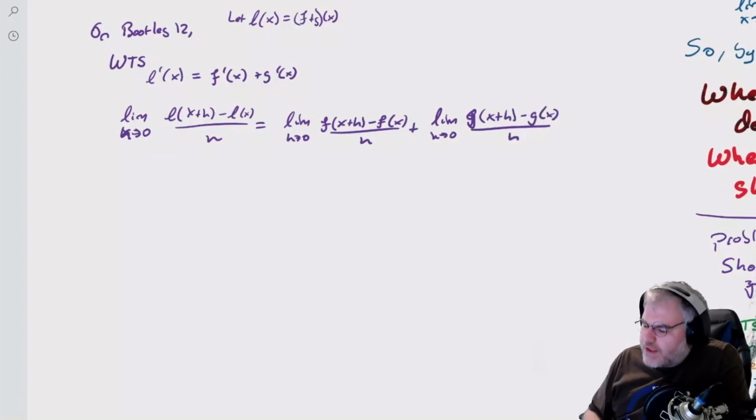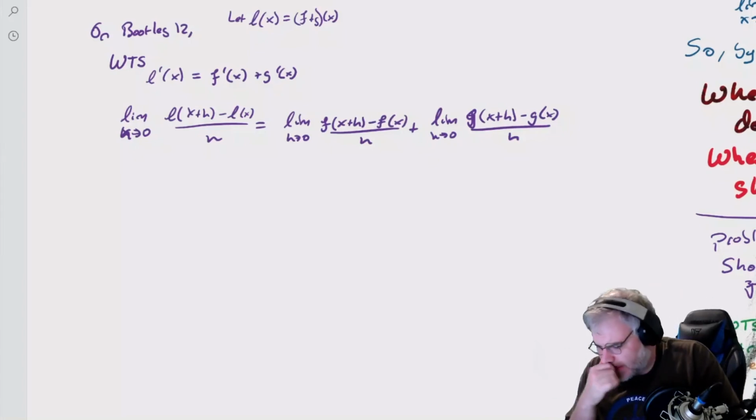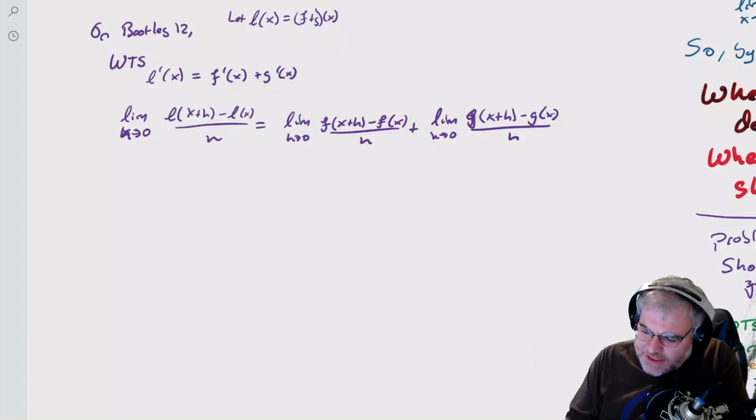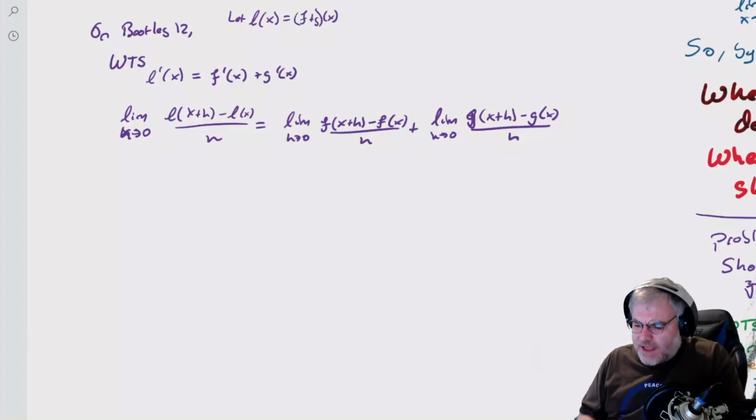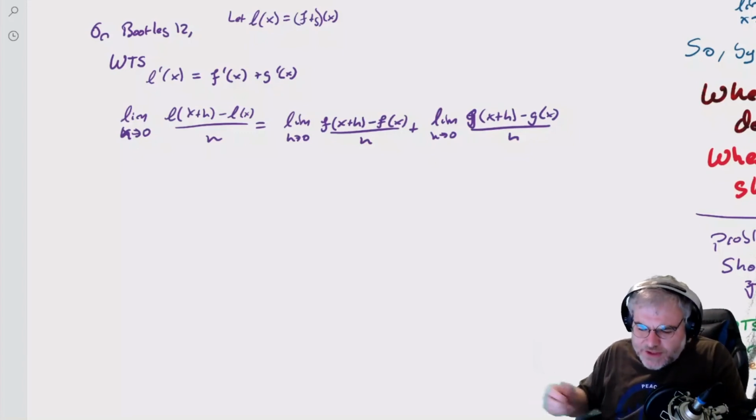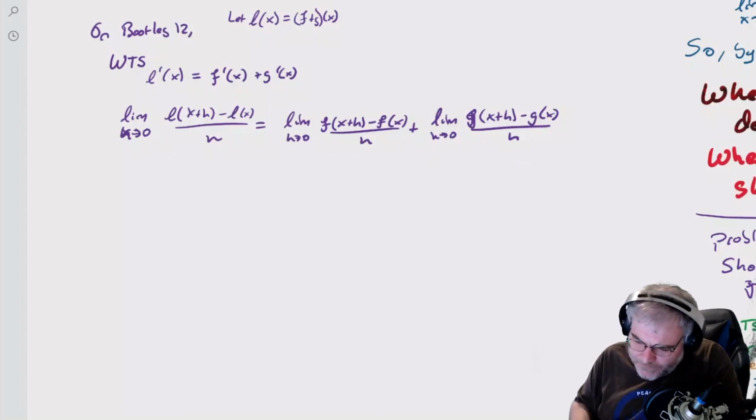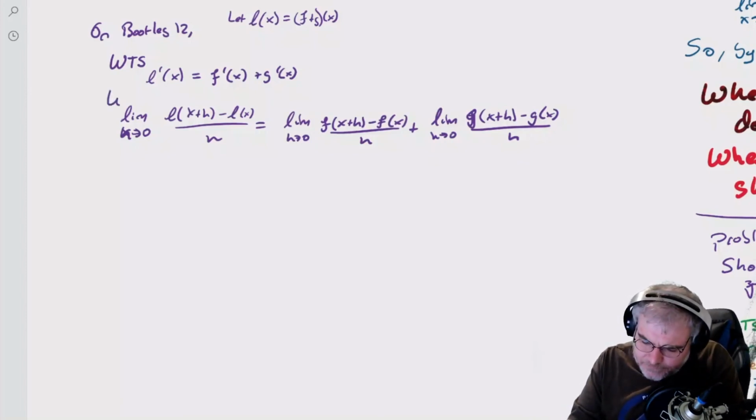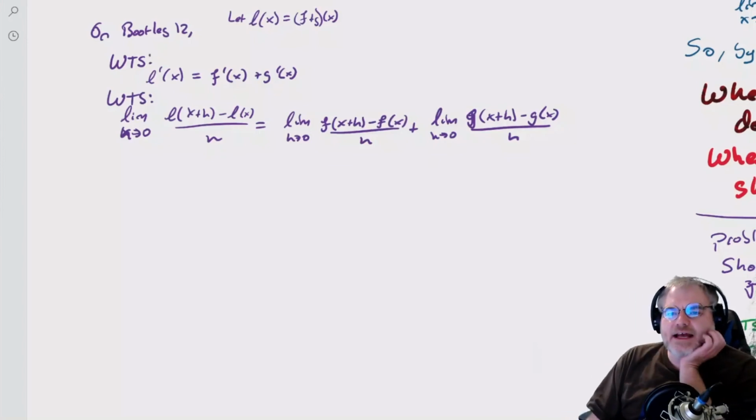If you look in the notes for Thursday, one of these is actually in there, and it might be different, but this is what you want to show. The key is figuring out what you want to make equal to each other. And that's the hint I'll give you on 12.